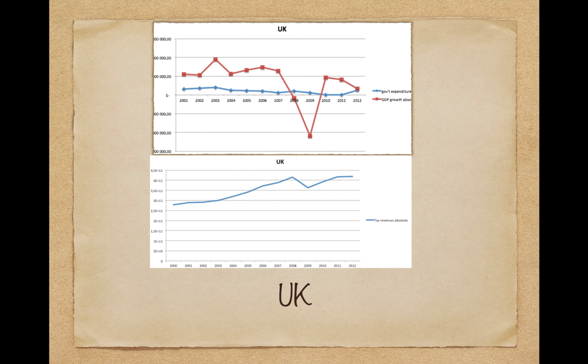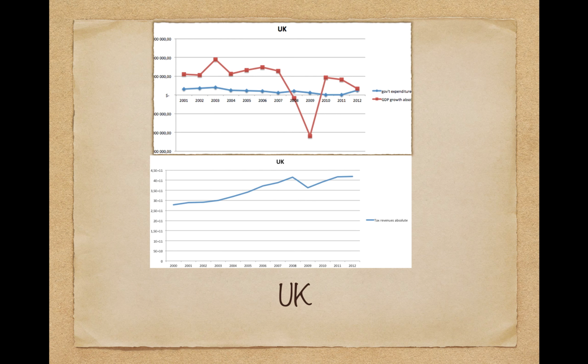We can see that the blue line is consistently lower than the red line, which means that the GDP grew at a greater rate on average than the government spent money. However, we do see some outliers. From 2008 to 2010, this theory doesn't apply because of the crisis, which is understandable, I think.